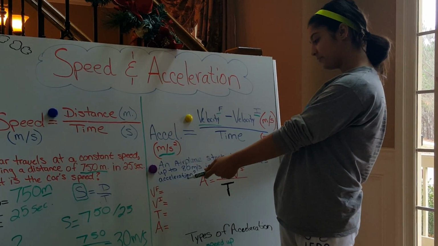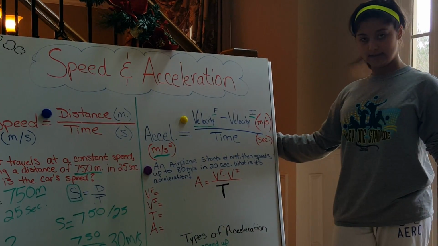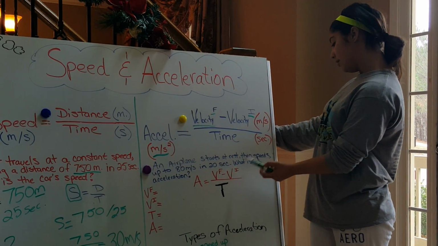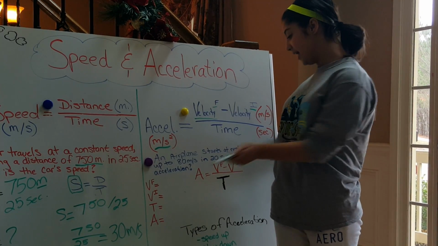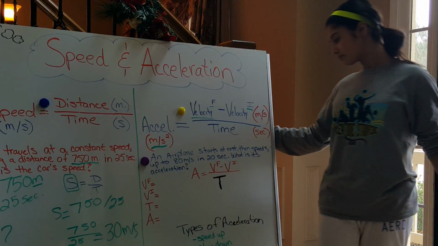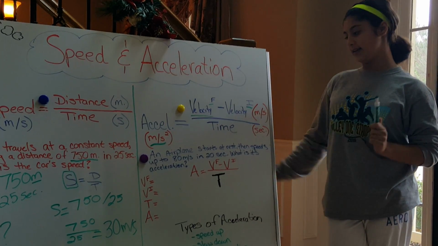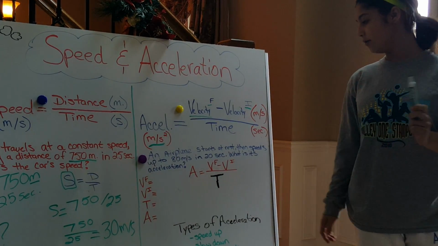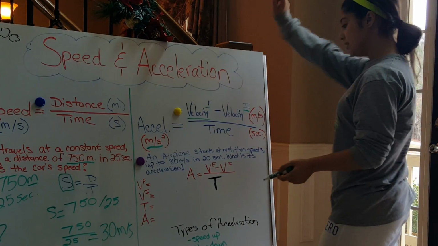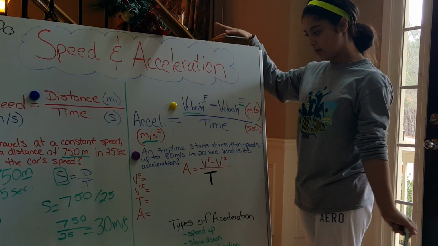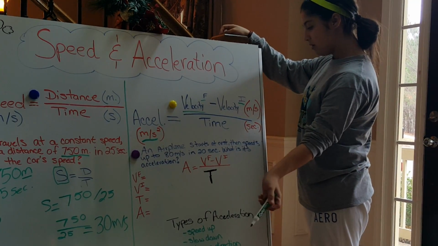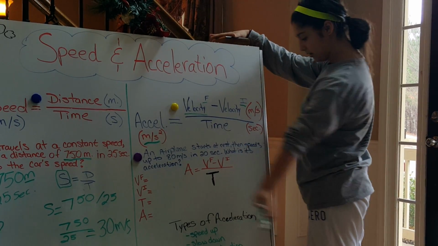Okay, an airplane starts at rest, then speeds up to 80 meters per second in 20 seconds. What is its acceleration? So, the first thing you want to do is look at your problem, and you are going to see what you are looking for.